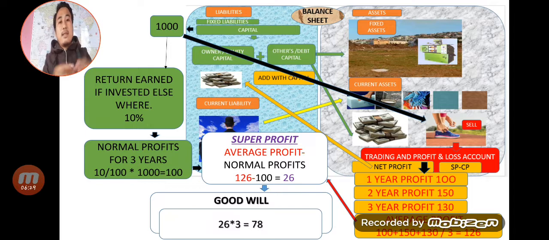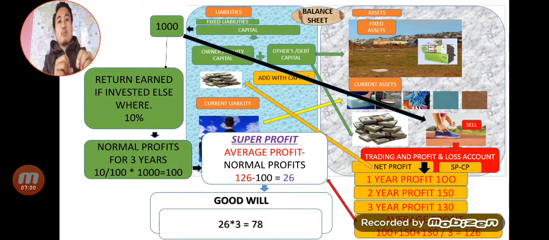Even this concept can be used in investing, in making a portfolio also. Anybody who wants to invest in the stock market, in equity shares, can follow this concept. They can compare different investment avenues and do a comparative analysis.